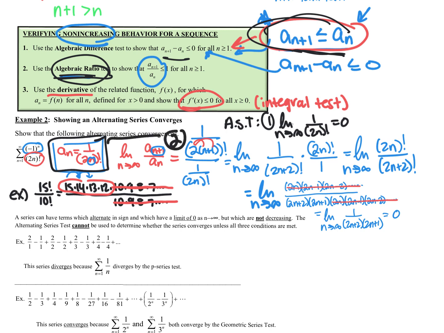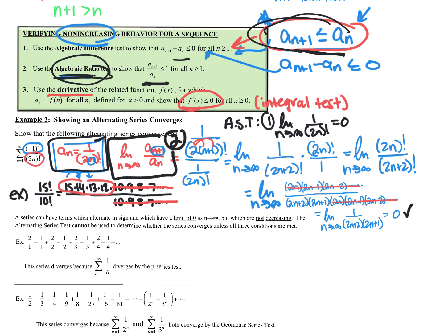We showed that the limit as n approaches infinity of a sub n plus 1 over a sub n is less than or equal to 1. So it's just another different way to show that it's non-increasing. So this is part 2. We showed that that limit was less than or equal to 1, so that shows that that's non-increasing. So this definitely series converges.